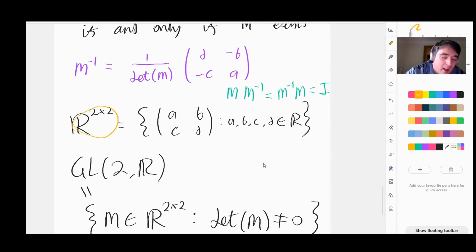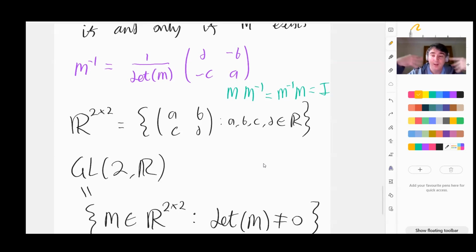I'm going to write R to the power of 2 times 2 to denote this whole set of 2 by 2 matrices. So in a sense, this is the object of study of our video here. But now let's consider a certain subset of these matrices, the ones which are invertible.